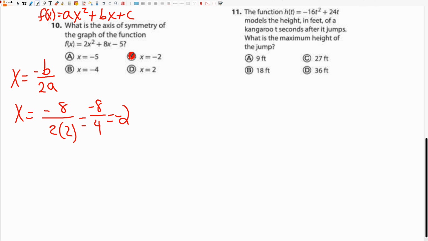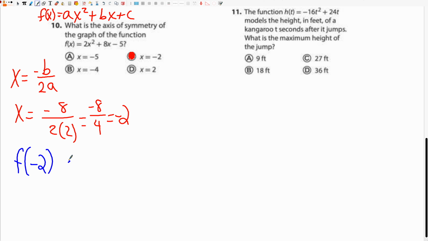Now, if they ask for the vertex as an ordered pair, what would I do now? You just put that into the equation and solve for y. So we're gonna do that now because, frankly, I haven't looked at the actual quiz to see if they ask this question or if they ask for the vertex. But if they ask for the vertex, we need to do one more step. We need to find f of negative 2.